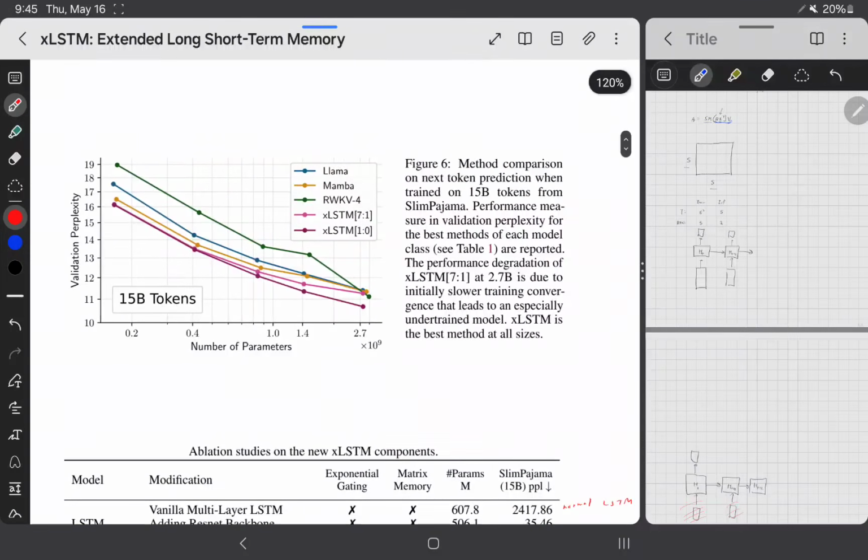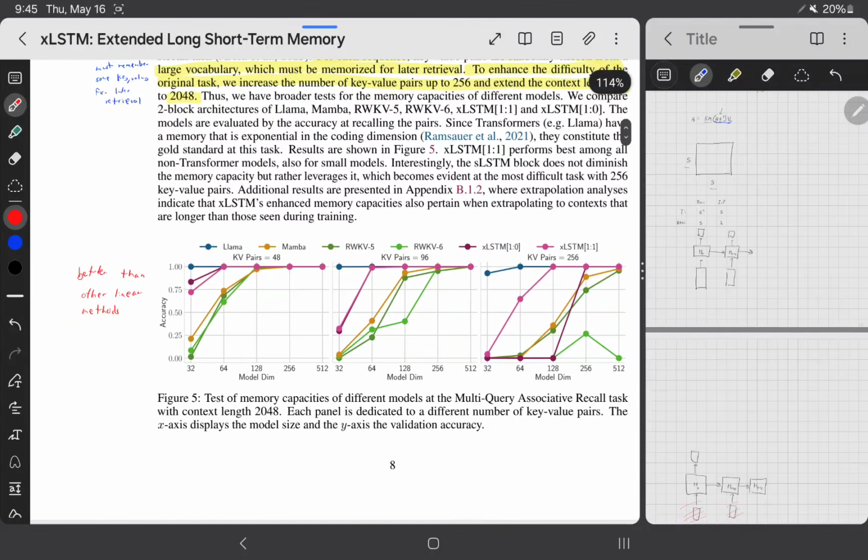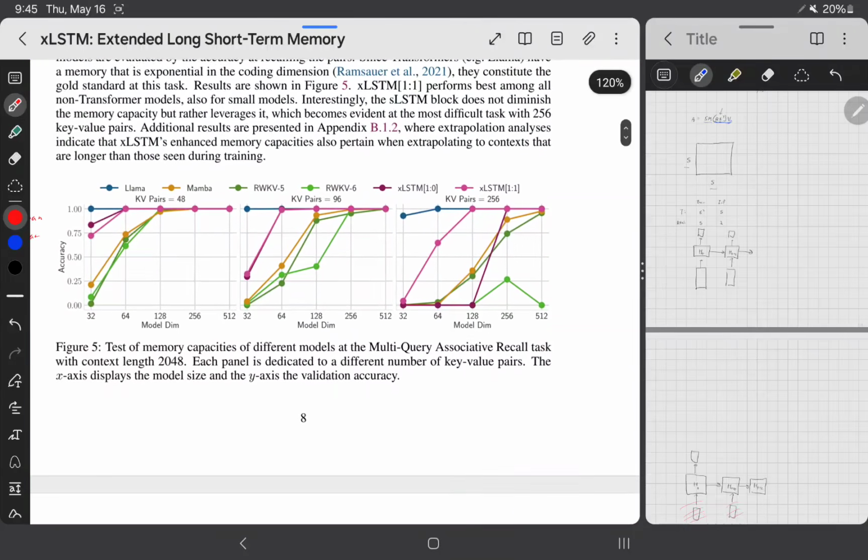It scales. So one problem with an LSTM is it does not scale. If you increase the number of parameters, it does scale. It doesn't just die suddenly, which is what you would probably see with an LSTM. For memory capacity, it does quite well on this recall task.